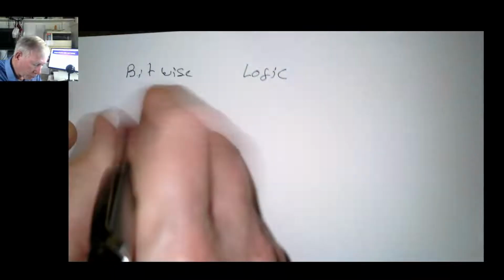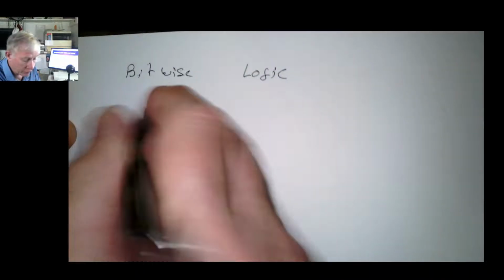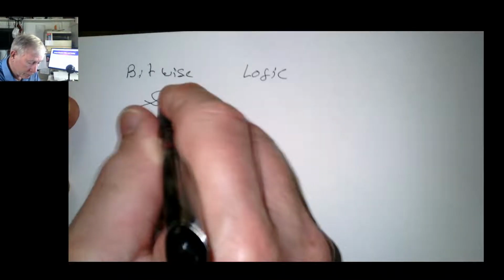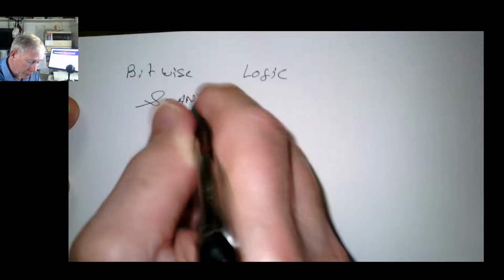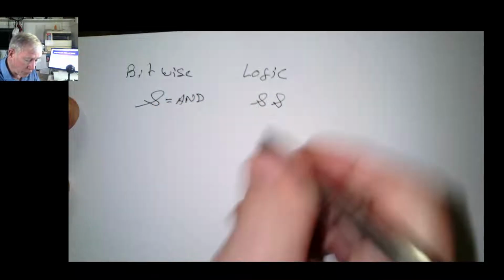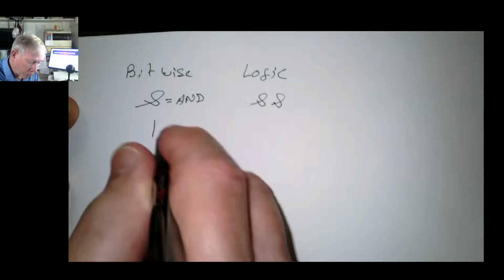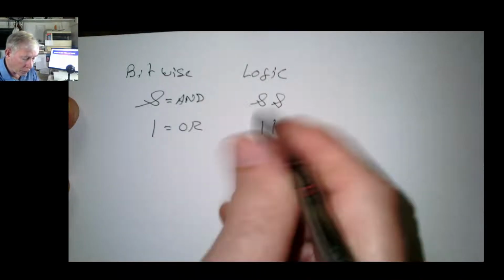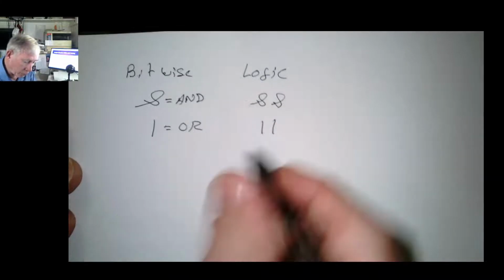So for bitwise, in Verilog, we use the ampersand for AND, we use the double ampersand for the logical. We use the vertical bar for OR, and we use two of them for the logical OR.